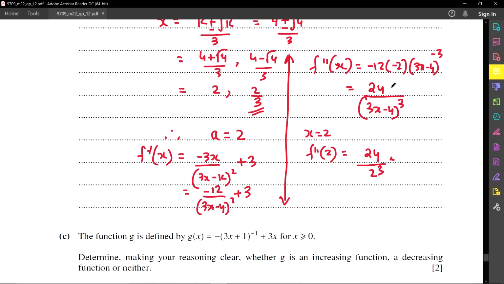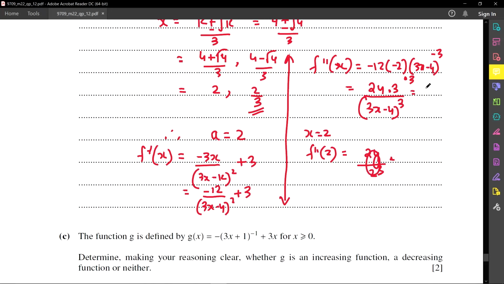Did you do any mistake? Minus 12 by 3x minus 4 whole square plus 3. So minus 12 into minus 2 into, we forgot the chain rule, there's a 3 here. So times 3. Sorry for that. That's what you should be very careful about when you're solving the questions. So 24 times 3 will give you 72.